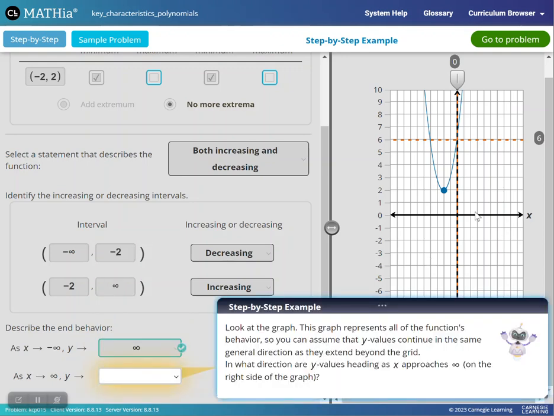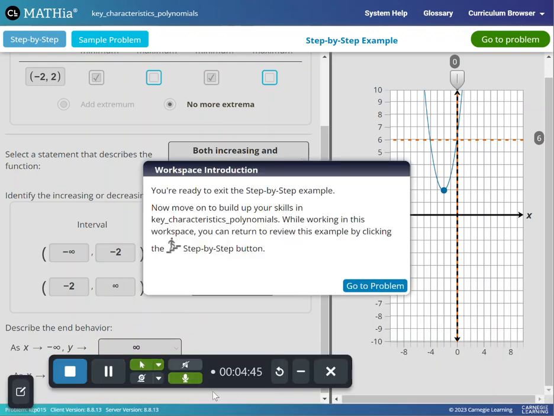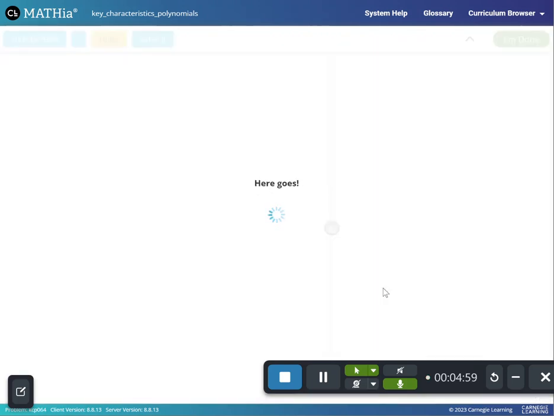And then as x goes to positive infinity is talking about x going to the right. As it goes to the right, y is going up also. So positive infinity. So those were the three things: we had to do the extrema, the intervals of increasing or decreasing or both, and then the end behavior. Let's look at one more problem.